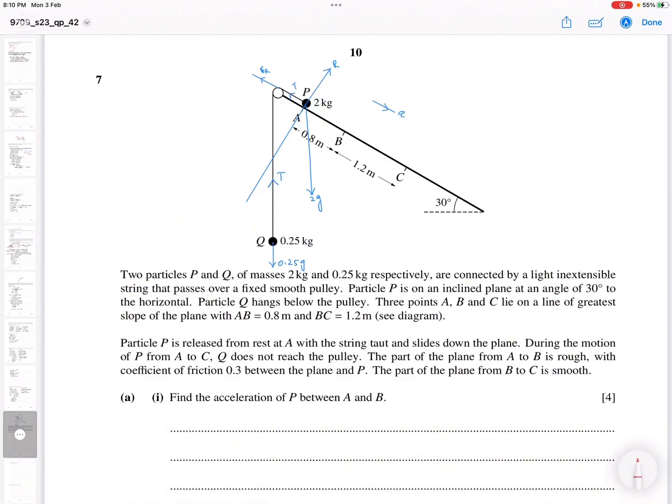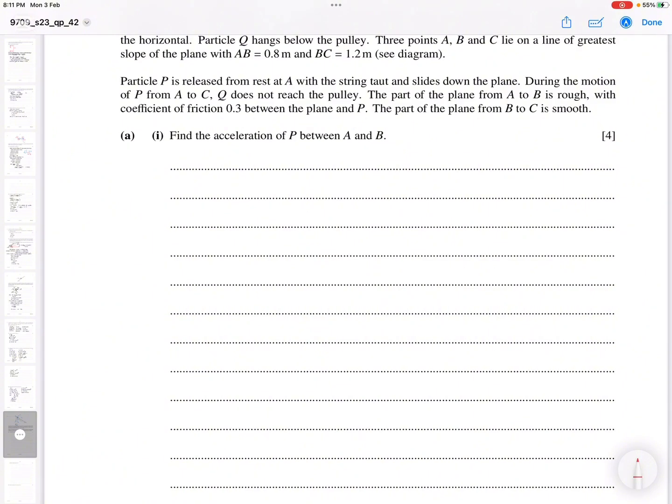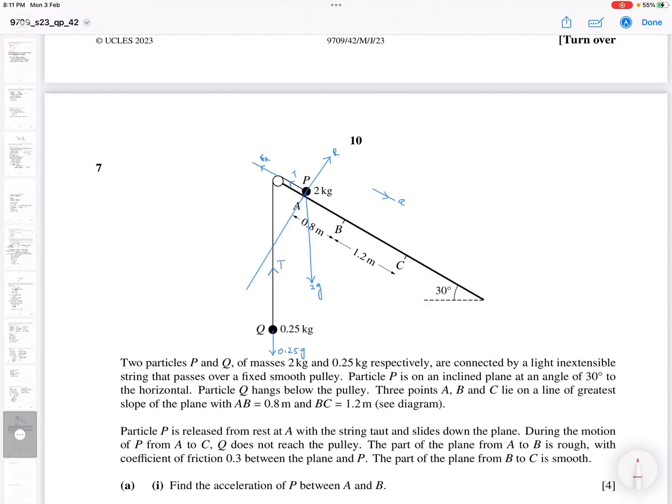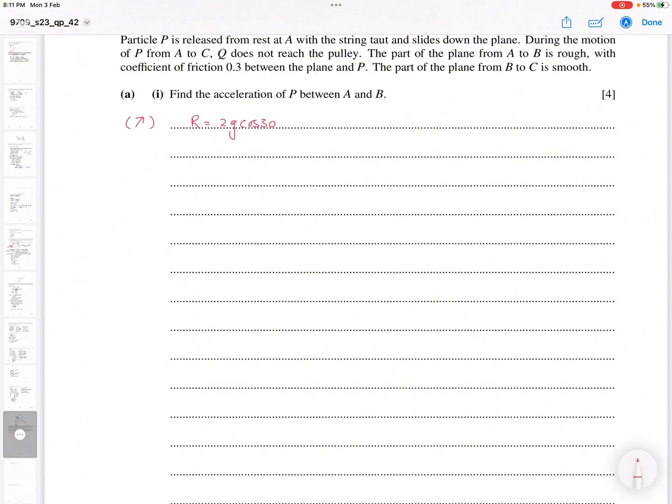With the red color, if I resolve perpendicular to the plane, the arrow goes in this direction. It means it is perpendicular to the plane. So my R equals 2g cos 30. If 30 is here, my 30 goes in this direction. So R becomes 17.32.